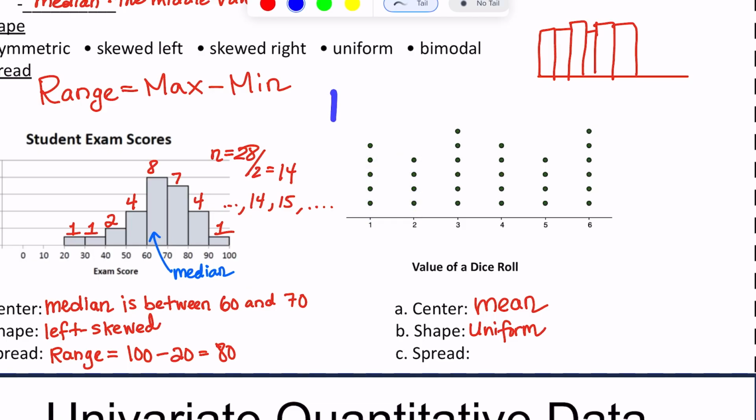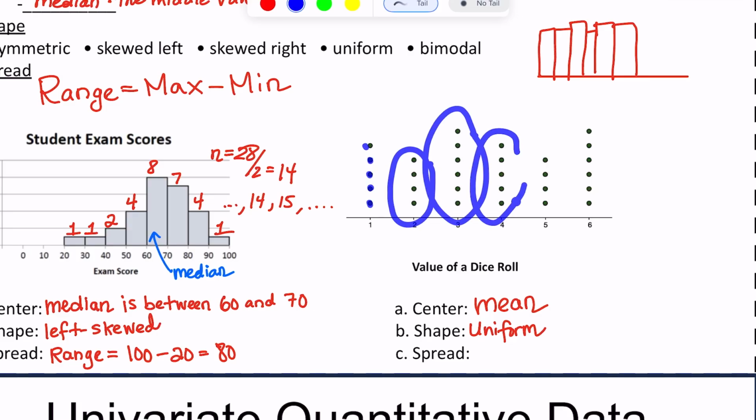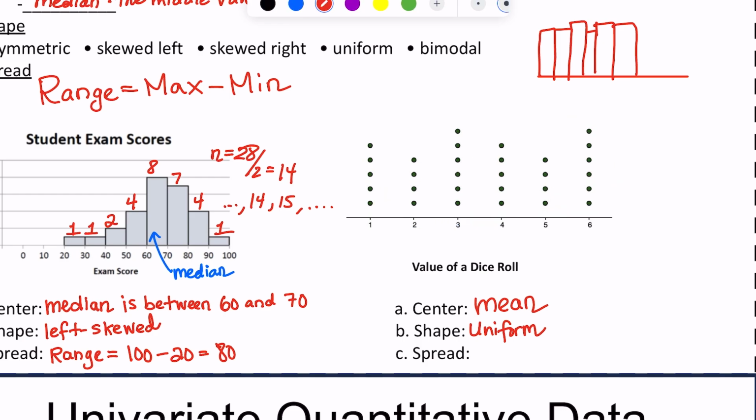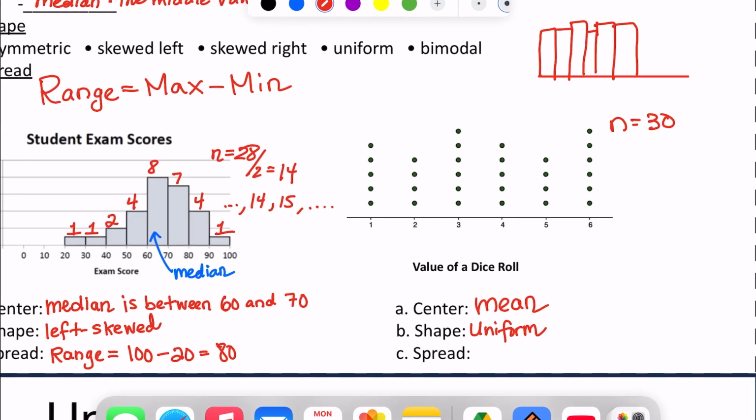So I would need to do like 1 plus 1 plus 1 plus 1 plus 1 plus 2 plus and so on. So I'm going to show you how I'm going to do this in my calculator. One thing I know is that there are 1, 2, 3, 4, 5, 9, 15, 24, 30 data points. That's how many total dots there are. So I'm going to go to a calculator app.